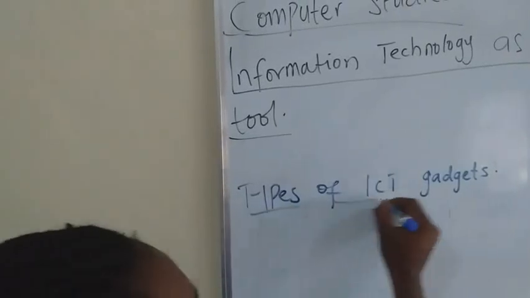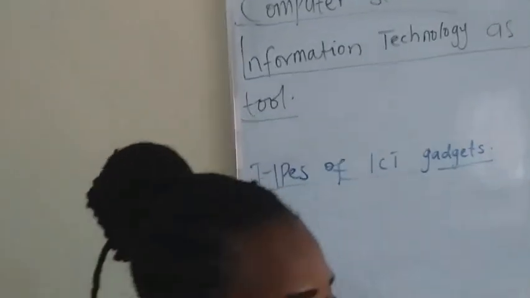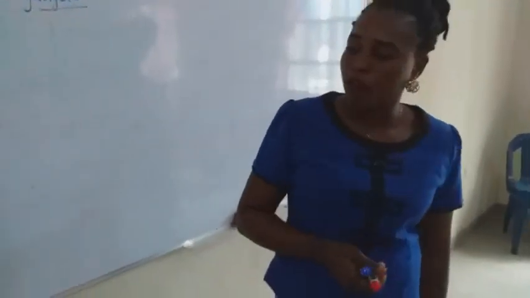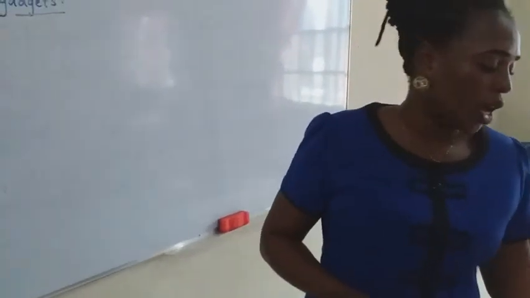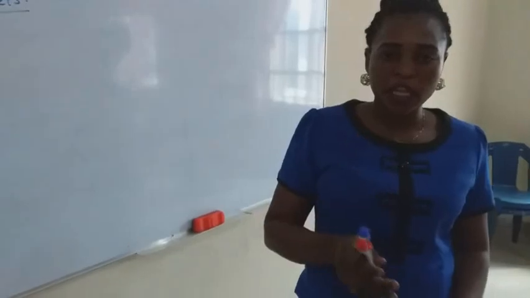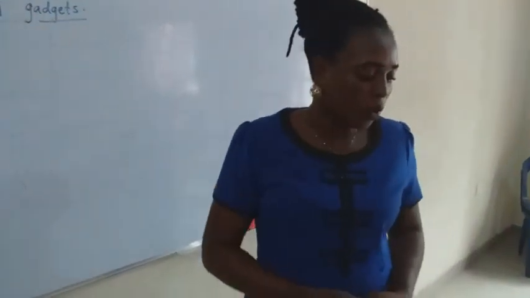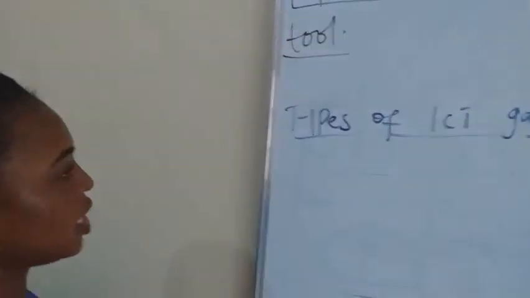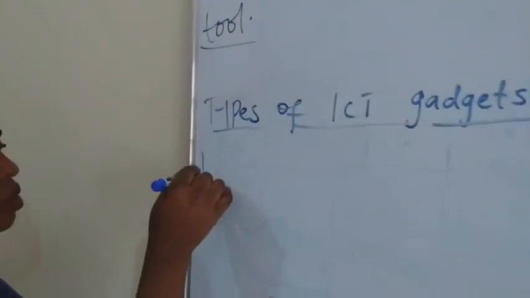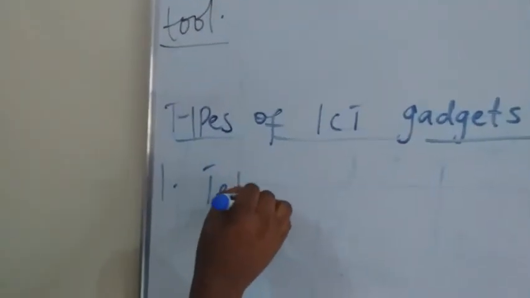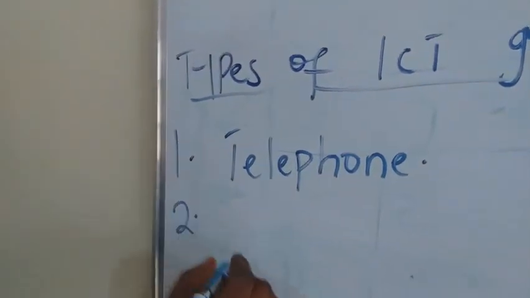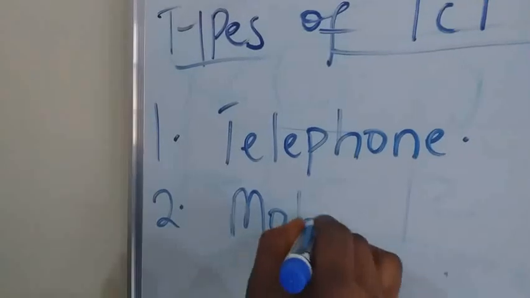We are going to list a few types of ICT gadgets that help to make information passage and transmission effective. Examples of ICT gadgets include, number one, the telephone. Number two, the mobile phone.